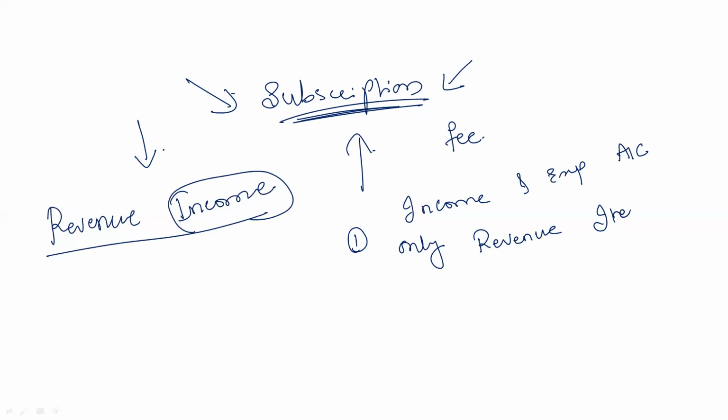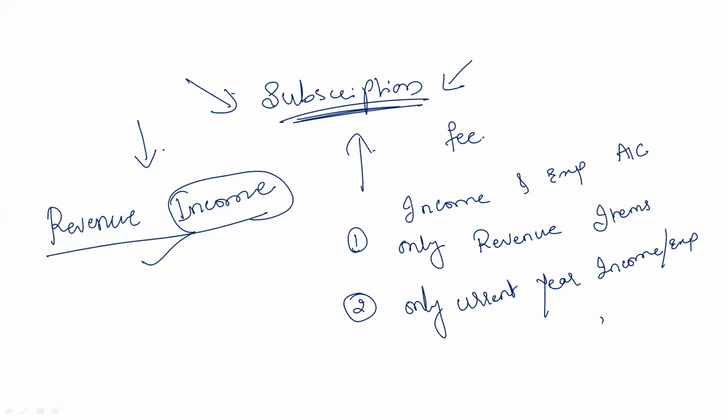As I told you, subscription is a revenue income, which is a regular income for an NPO. So definitely we will be taking subscription in the income and expenditure account. Another thing that we need to remember is that only current year income or expenses are taken. This is a very important point.